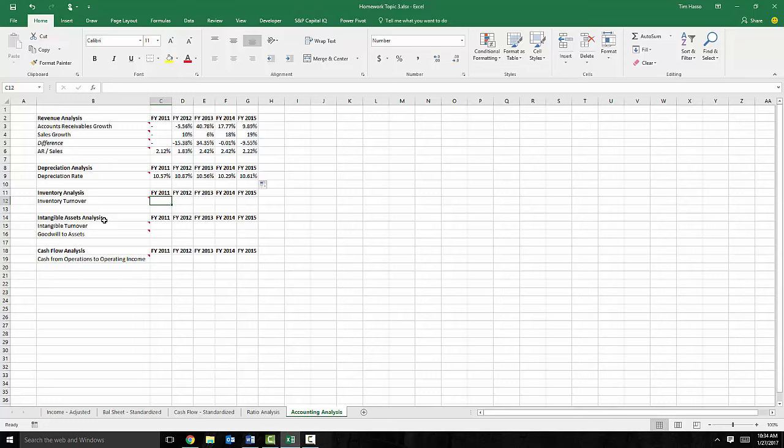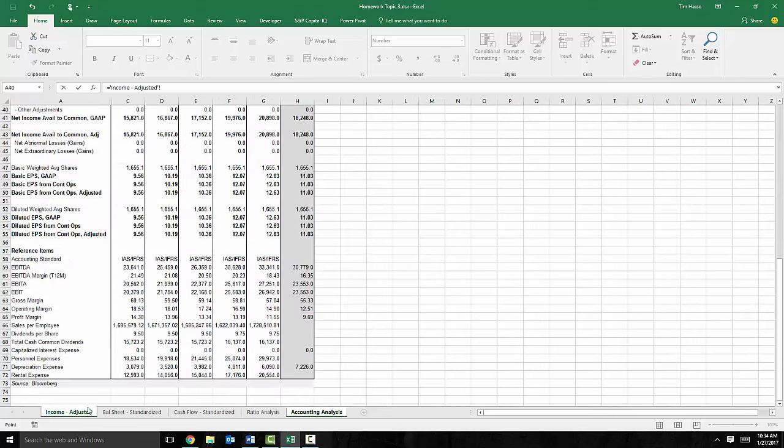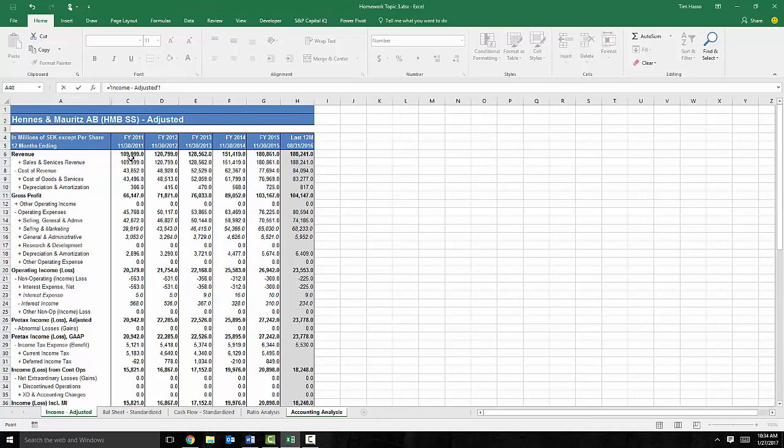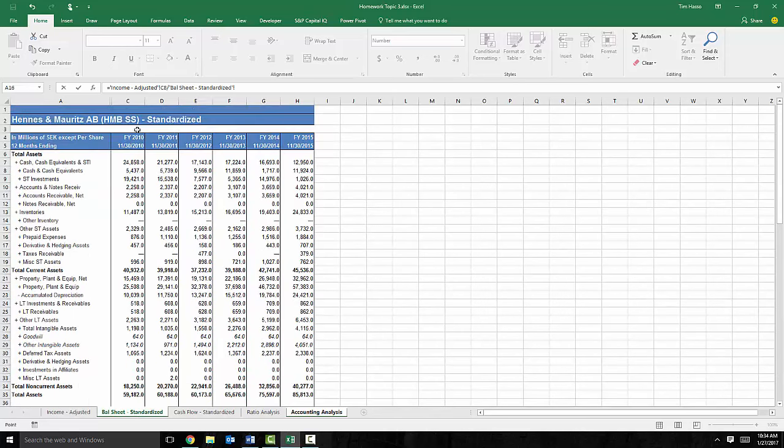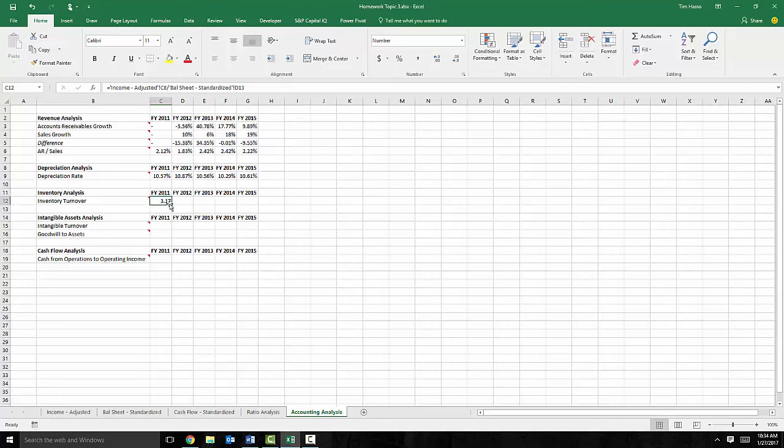So again, in 2011, I'm going to go equal to, find the cost of sales, or cost of revenue. In our case, it's in cell C8. I'm going to be dividing it by the inventories, which is on the balance sheet in cell D13. Press enter and you get 3.17.